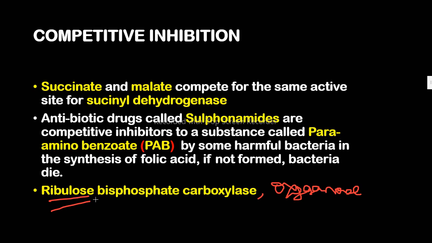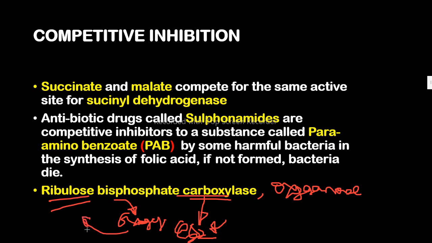Now this enzyme, ribulose bisphosphate carboxylase oxygenase, has affinity for both oxygen and carbon dioxide. In high concentration of carbon dioxide, the enzyme fixes carbon dioxide. But in high concentration of oxygen, this enzyme can fix oxygen, and instead of photosynthesis, it undergoes what we call photorespiration.